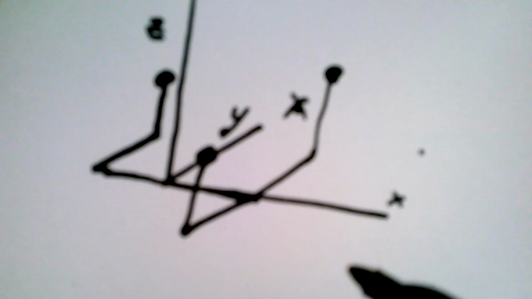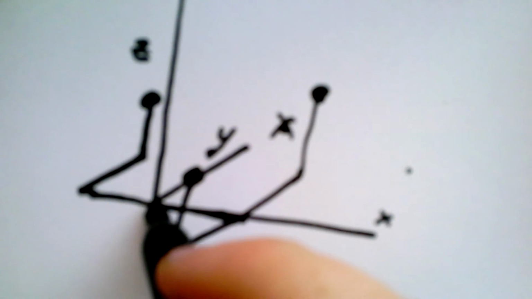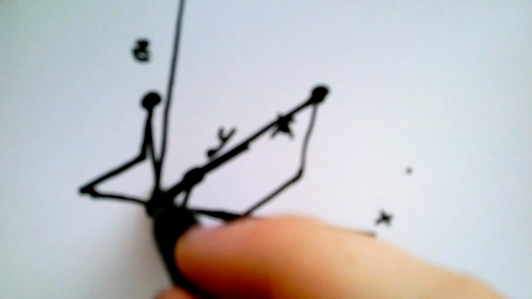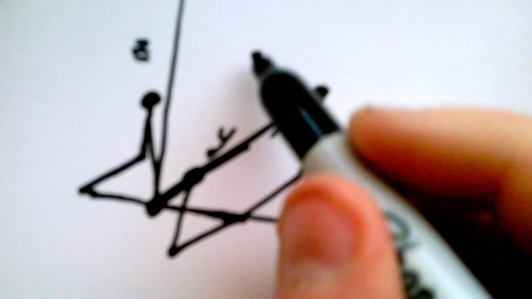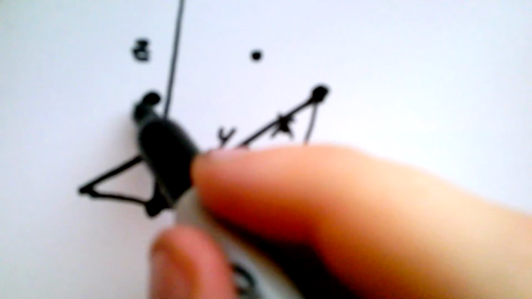I guess all of these are above the plane. And then we're going to take our origin here, connect each of these 3 points to the origin, and then we have a point here, a point here, a point here.